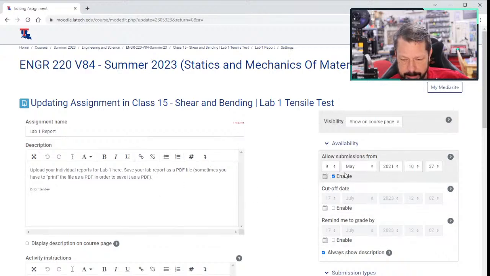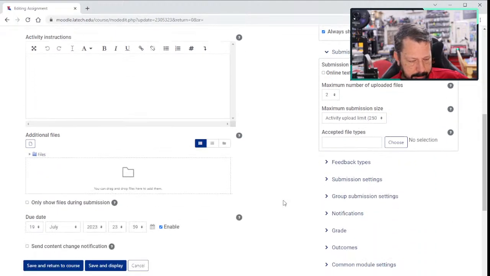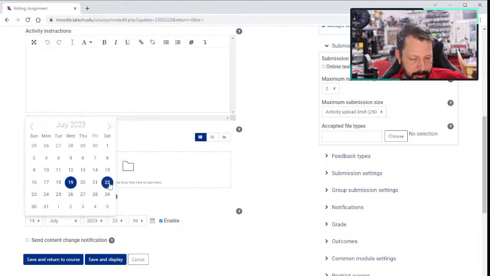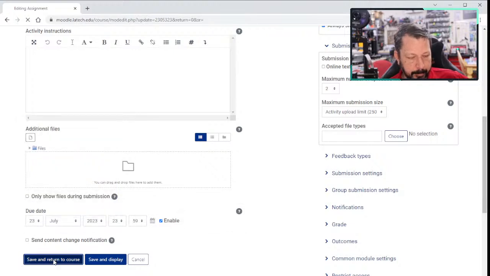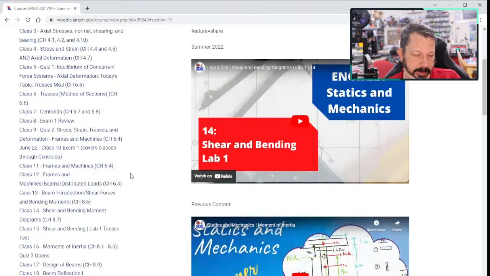So let's set that. It had a due date, but I'm not seeing it now. Oh, it's down here. Let's add a couple more days to that. Well, there's no sense in making it Saturday at midnight. Let's do Sunday at midnight. All right, so in case you had issues with lab 1 and SolidWorks not being available, you've got some more time to work on that.